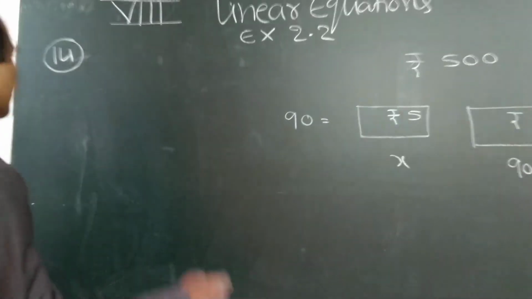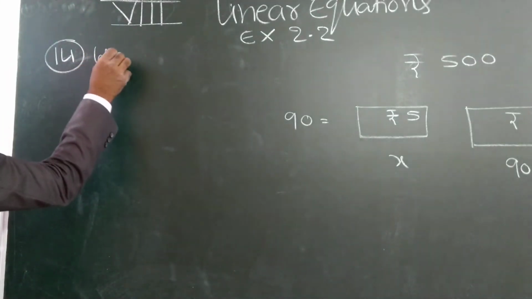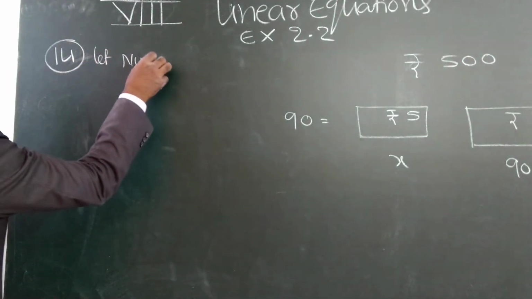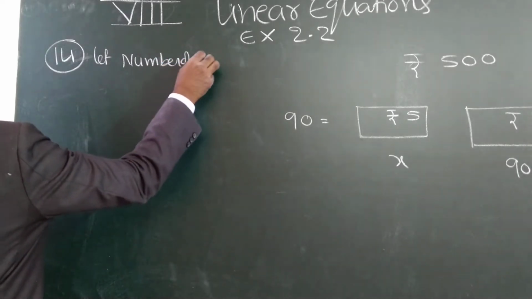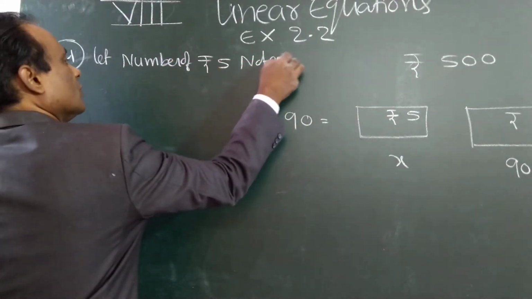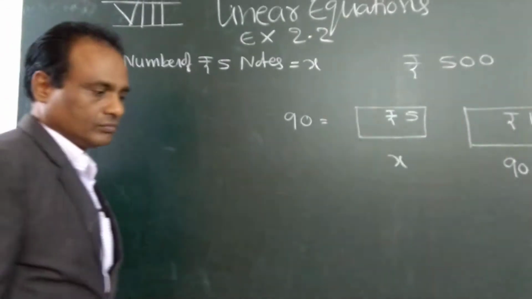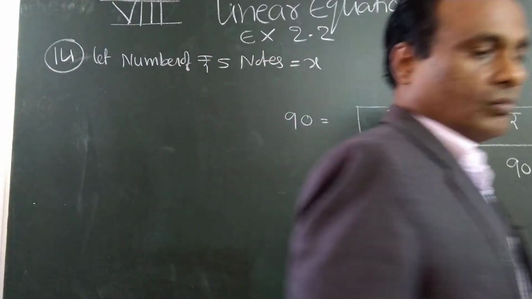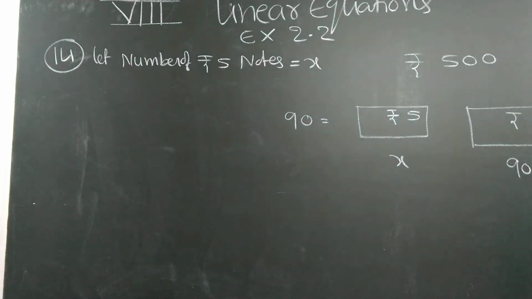Right now, steps. Let the number of 5 rupee notes be equal to X. Steps I am writing.